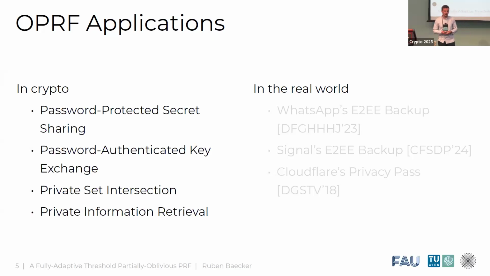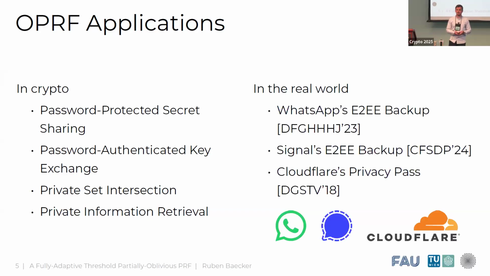You can use it for password-protected secret sharing, password-authenticated key exchange, private set intersection, and private information retrieval. But it is actually also deployed in the real world. It is used in WhatsApp's and Signal's end-to-end encrypted backup protocol, and also deployed in Cloudflare's Privacy Pass.